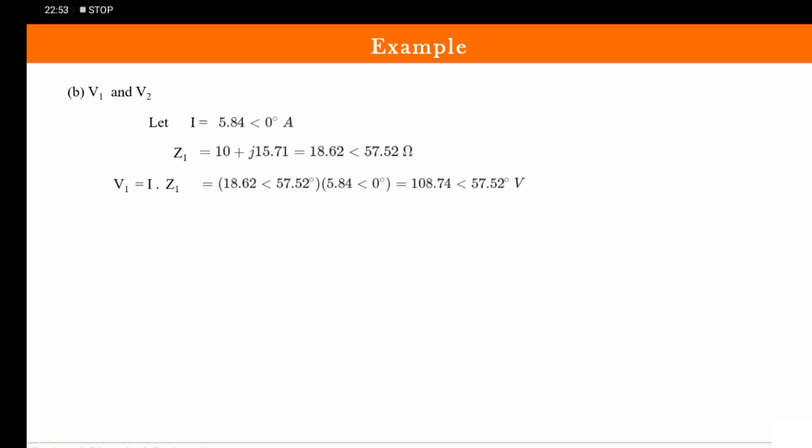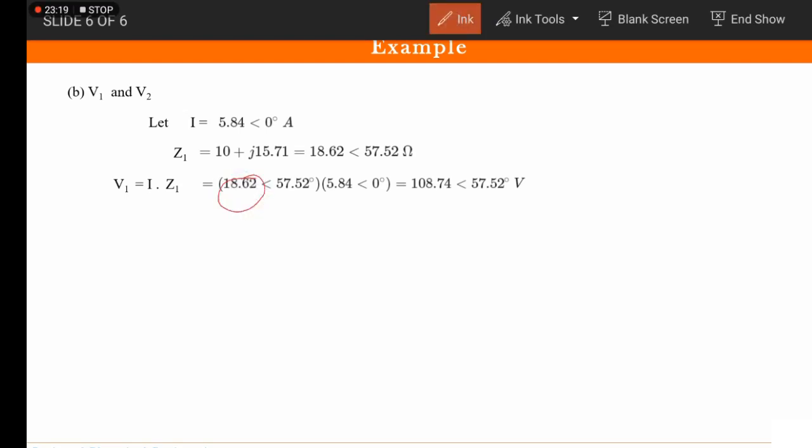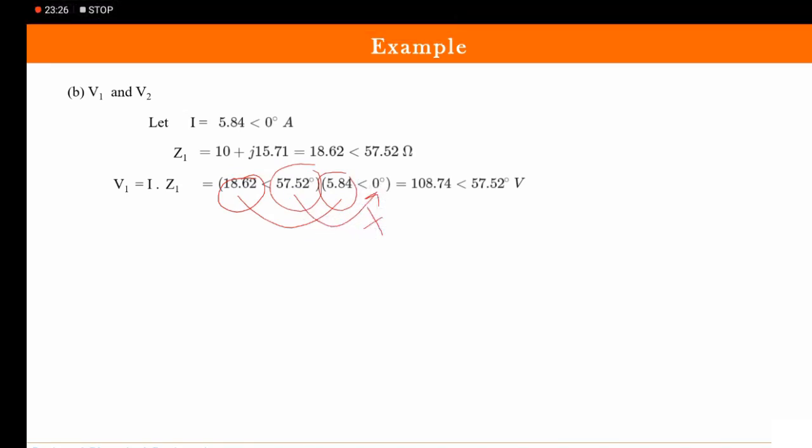But since we have it here in rectangular form, if we multiply, it would be a bit complicated. It is not that complicated, but when we represent it in polar form, the multiplication is direct. But please remember that phases are added. They are not multiplied. Only magnitudes are multiplied. So these two quantities are multiplied and these two are added. Fine. The phases are added.